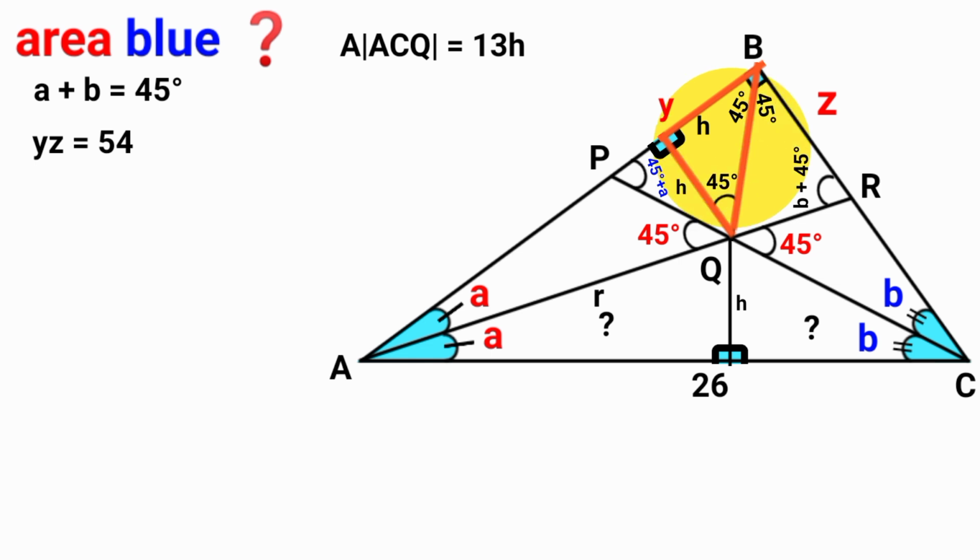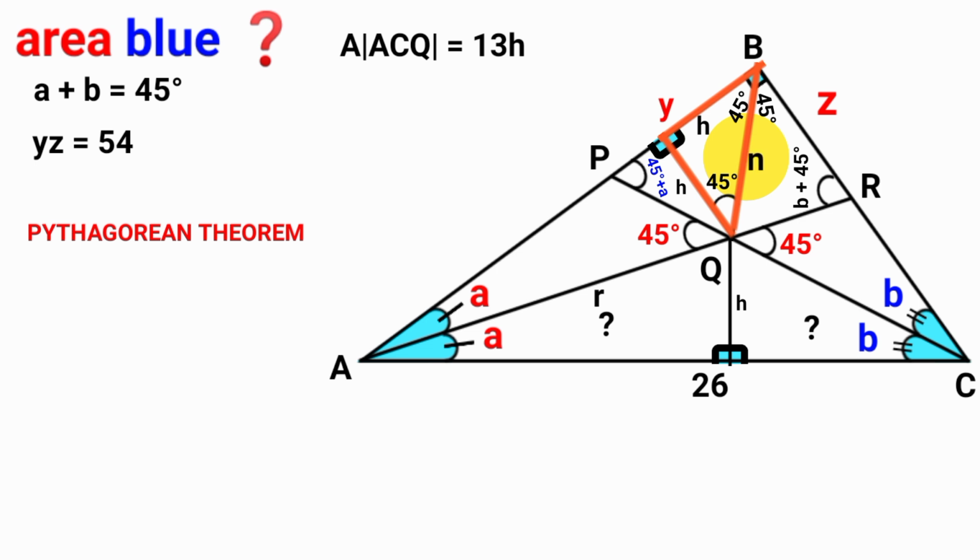Now from this triangle, we use the Pythagorean theorem, which states that the square of the length of the hypotenuse of a right angle triangle is equal to the sum of the squares of the lengths of the two other sides, where the hypotenuse is the side facing the right angle, which is this side here, let's say n.